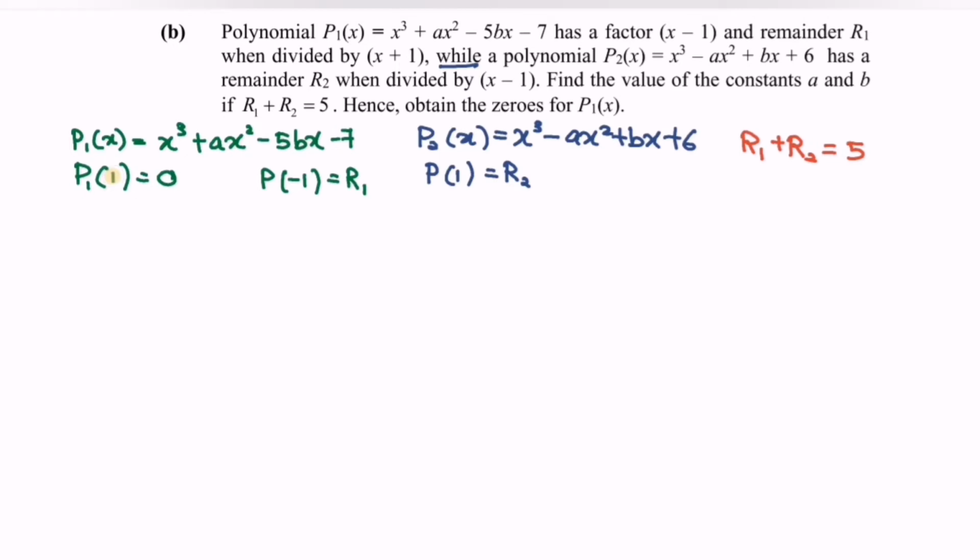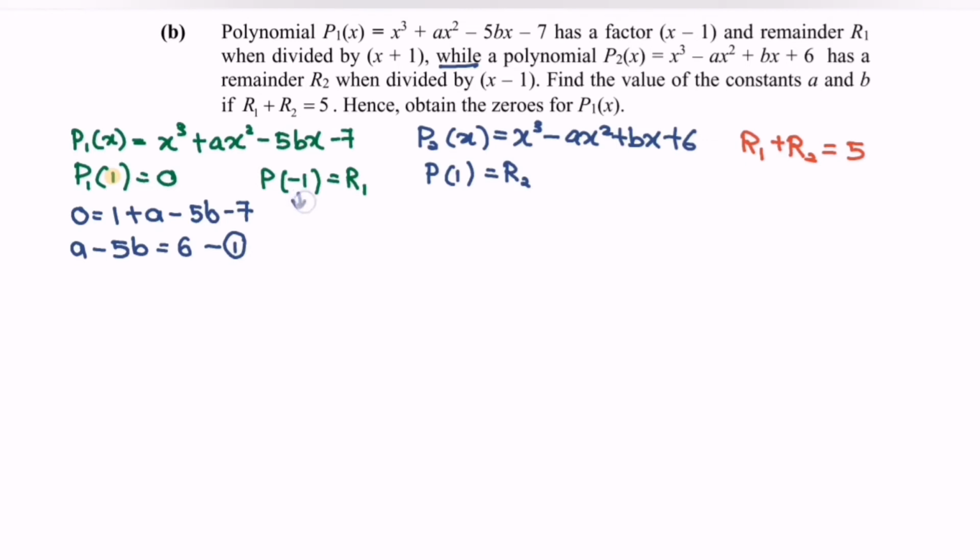So what we will have will be 0 = 1 + a - 5b - 7. So rewrite the situation. We will have a - 5b - 6 = 0. So if we transfer, we will have 6. So that will be the first equation.